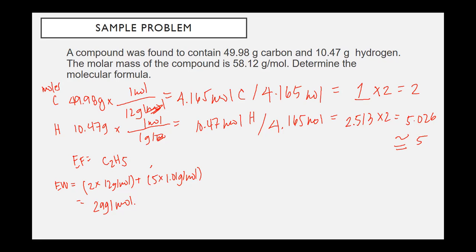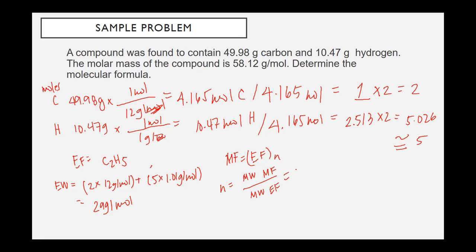So, meron tayong 29 grams per mole. Ang molecular formula natin, again, is equal to empirical formula times N. So, for N, we have the molecular weight of the molecular formula divided by the molecular weight of the empirical formula.